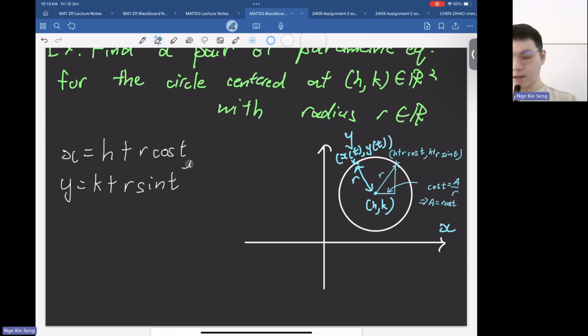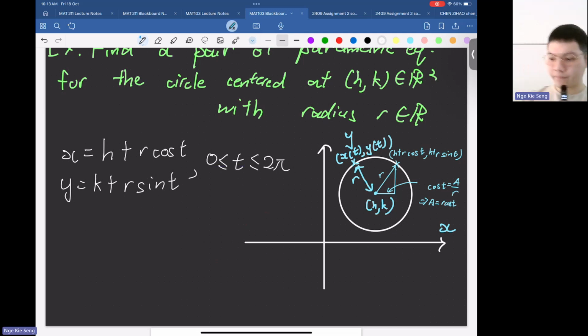Where is t going from and to? Going from 0 to 2 pi. You see that 0 and 2 pi are the same point, right? To avoid taking the same point, you can throw one of them away. Otherwise, you repeat the endpoint.